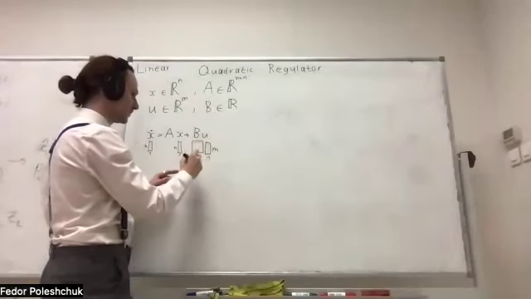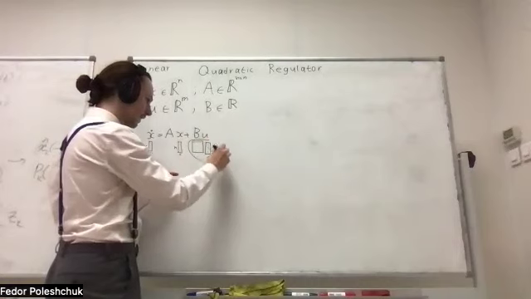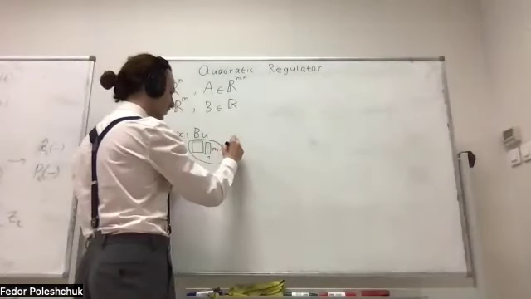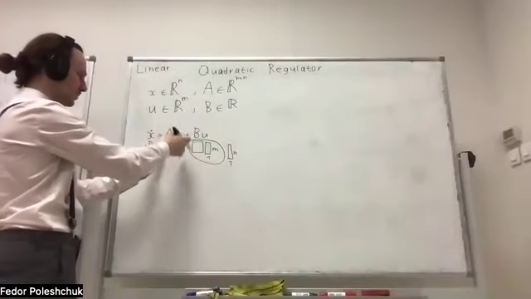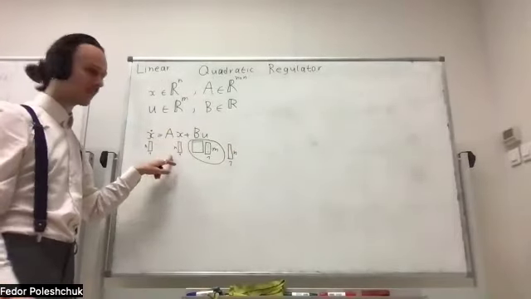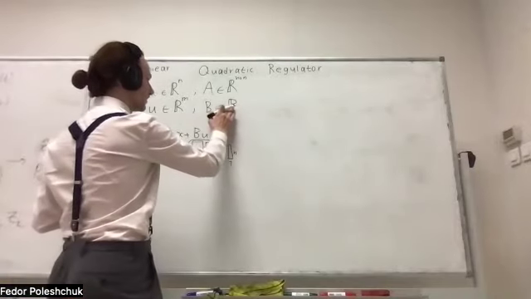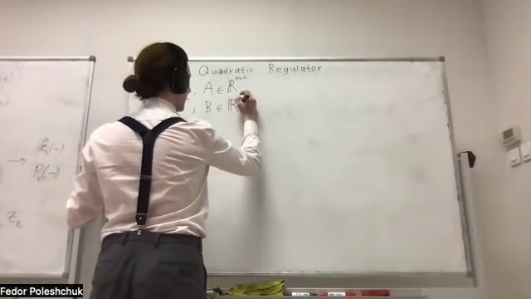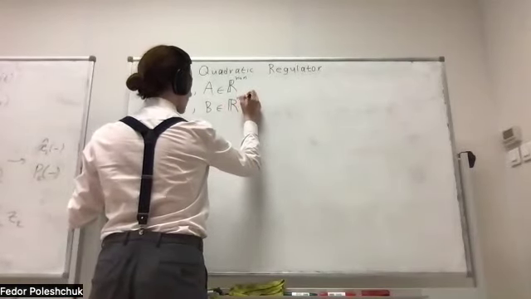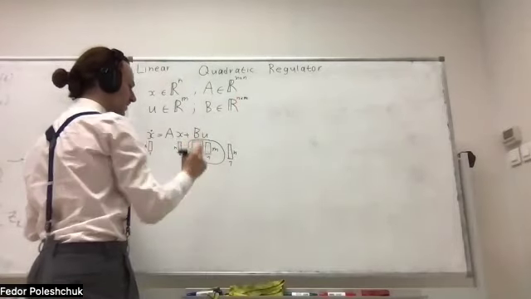And in the end, we will have to have this as a vector of the height n, for us to be able to add it up to this vector. So I'm saying that this matrix B has to have the dimensionality of n times m, where n is the number of rows and m is the number of columns.